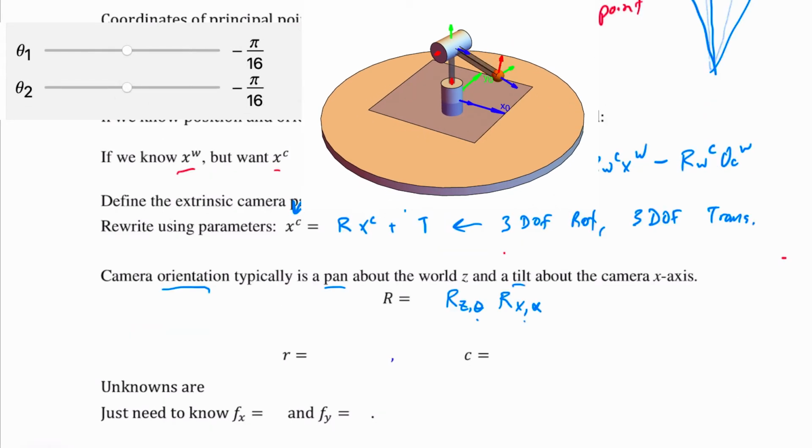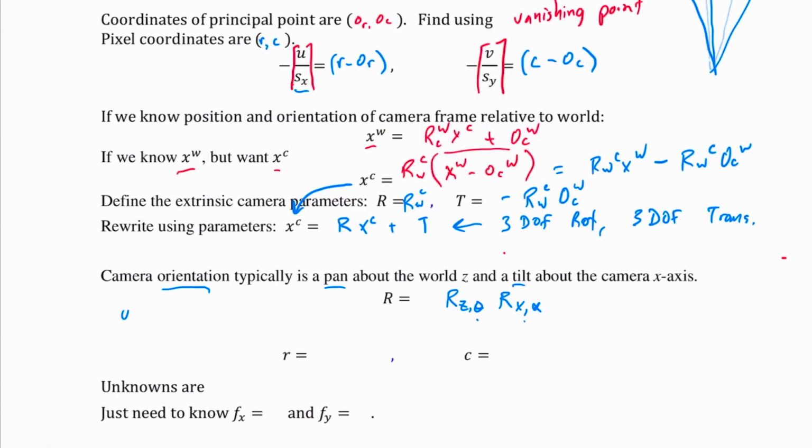So let's combine all these things that we have so far. We've got that U is equal to lambda of XC over ZC. And then we have that negative U over SX is equal to R minus OR. Well, we can combine those two and solve for our R value.